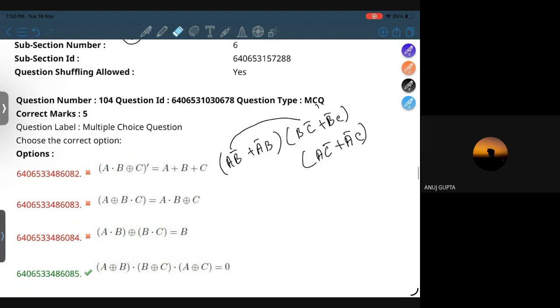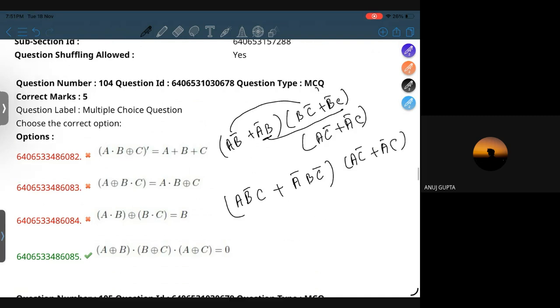The first thing, the second thing will be A B complement C. The second, this A complement B C complement, yeah, this will also get cancelled out. So now this thing plus this thing.